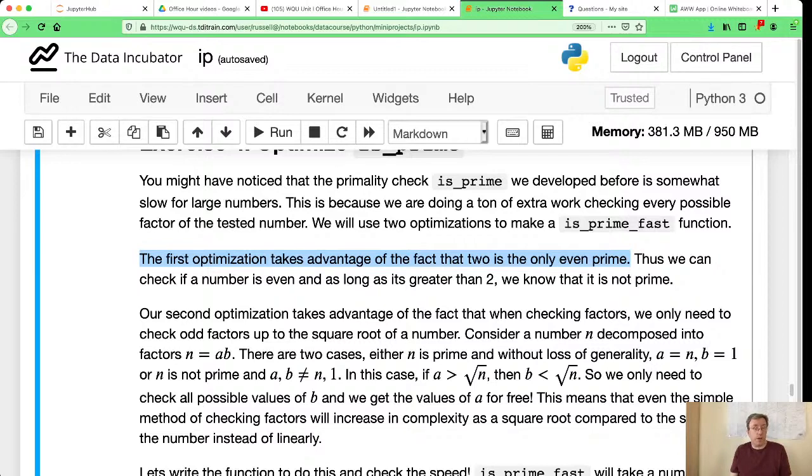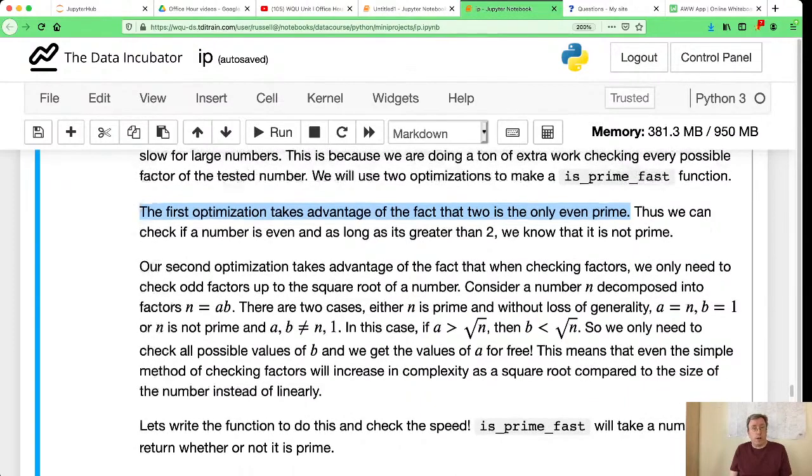And we could even do more. We could say, is this an odd number? Is it divisible by 3 and larger than 3? Well, we also know then it's not a prime number. But that could come a bit later.